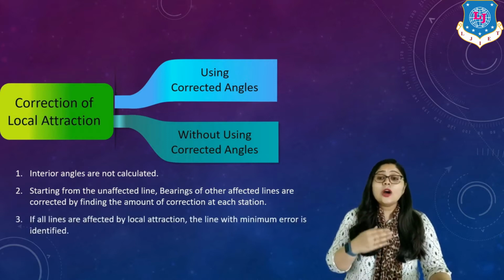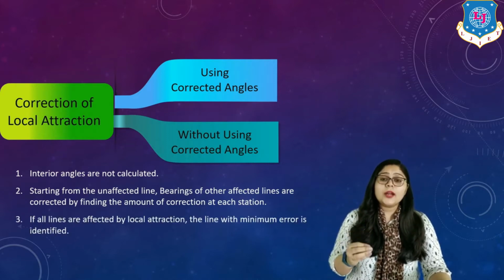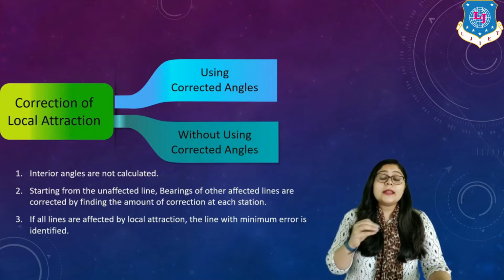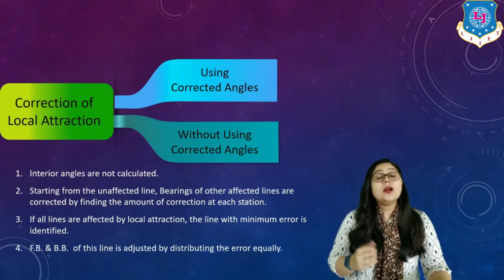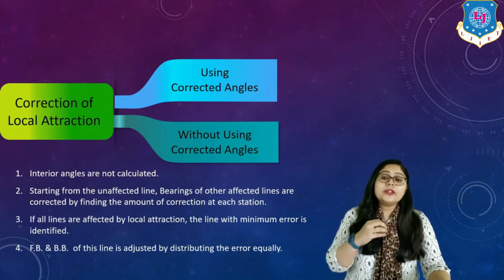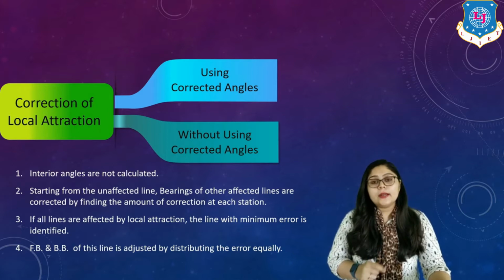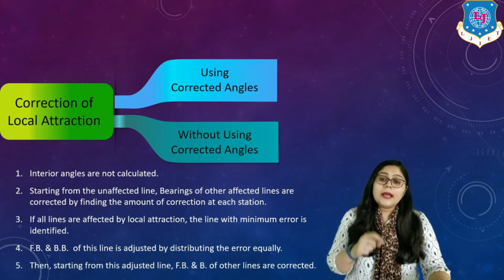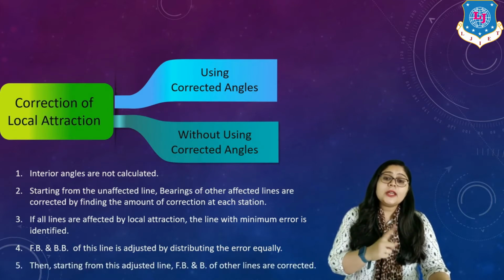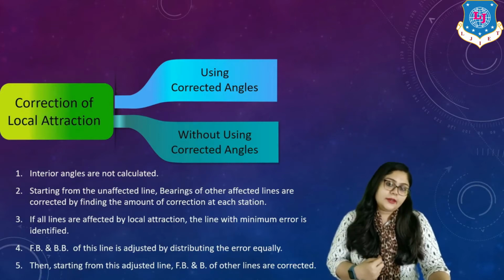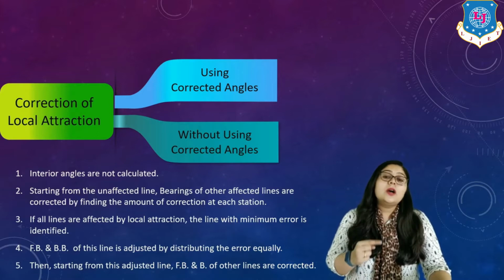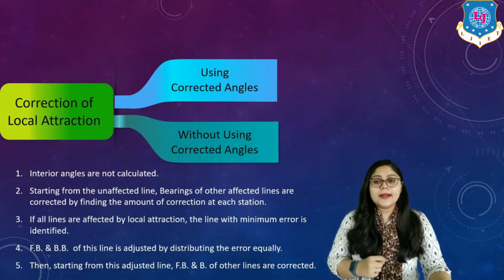And if all lines are affected by local attraction, then the line with minimum error is identified, and the fore bearing and back bearing of this line are adjusted by distributing the error equally. Then, starting from the adjusted line, the fore bearing and back bearing of other lines are corrected. So these are the steps followed when we talk about without using corrected angles.